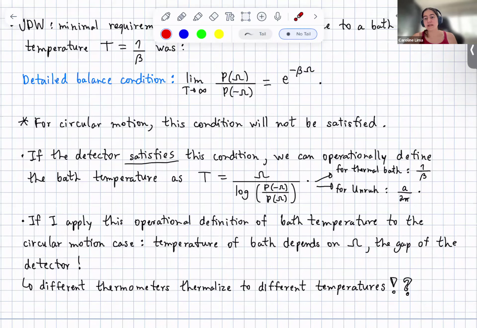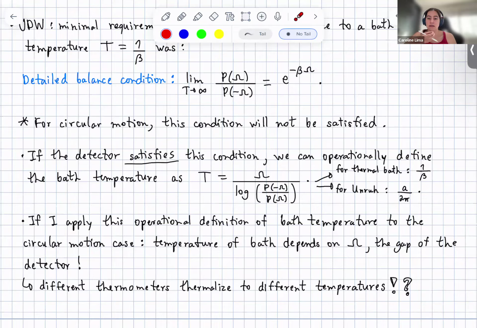Yes, I think the lesson here, Marcus, would be that in order to make sense to define some temperature, it should not depend on the details of the detector itself. The temperature should not depend on the gap of the detector.